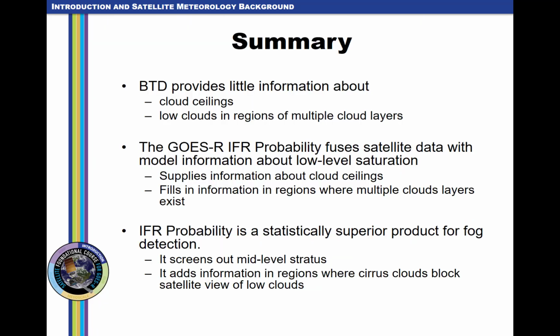Brightness temperature difference fields are challenged to provide information about cloud ceilings, as the satellite sees only the top of the cloud. Brightness temperature difference fields cannot give information when high cirrus obstructs the view of low clouds. IFR probability fields in these cases can augment the satellite to give a more complete description of the near-surface saturation.